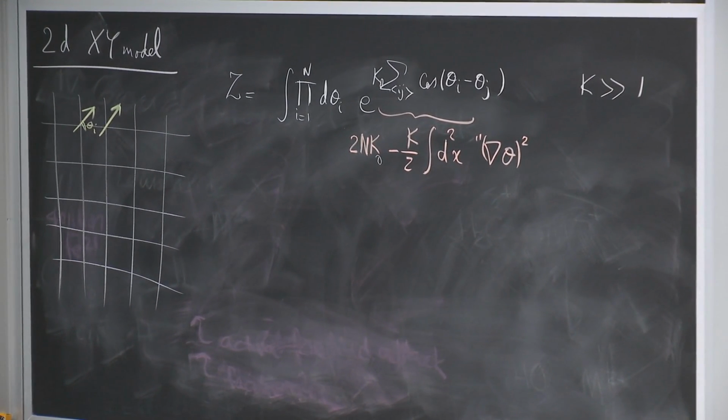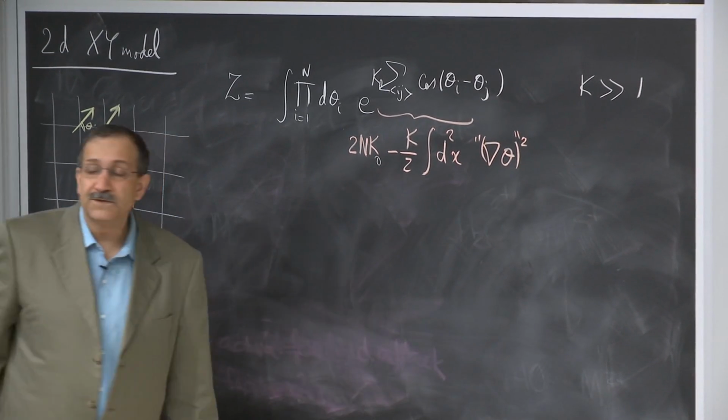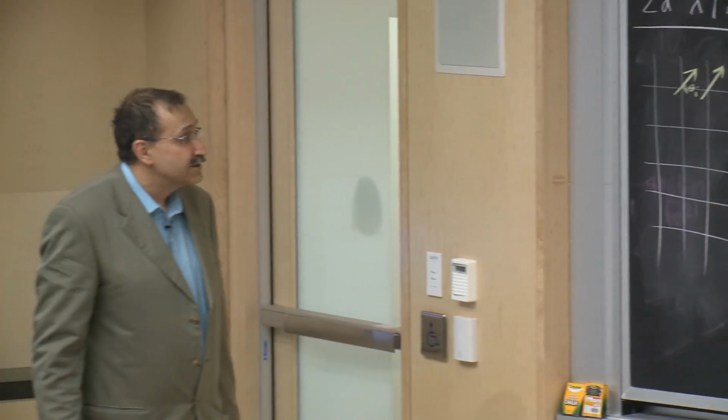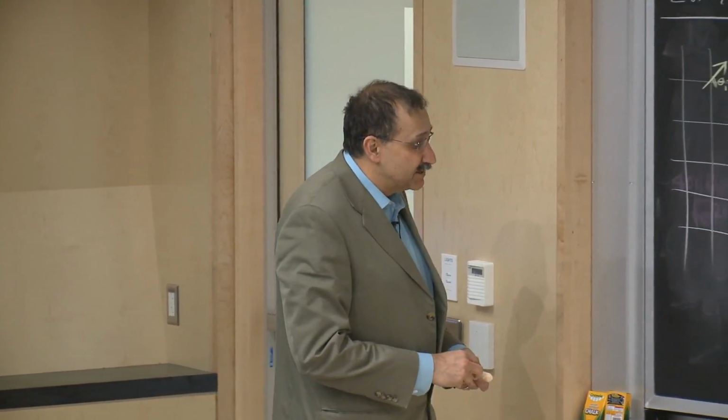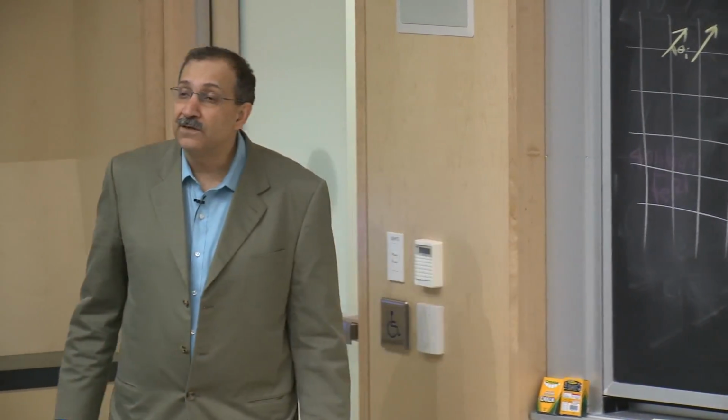Okay. Now, the reason I put these quotes around the gradient is something that we noticed last time, which is that in principle, theta is defined up to a multiple of 2 pi.